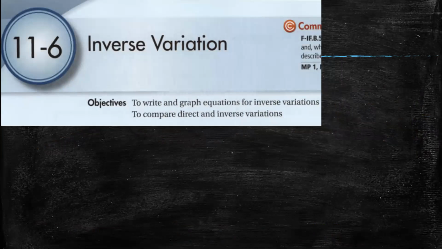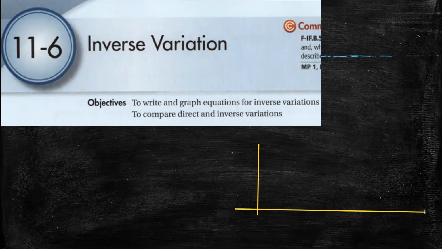Now, before talking about the inverse, what is the opposite of inverse variation? This is the meaning of inverse. Inverse means like the opposite. That means while you increase x, y is decreasing.